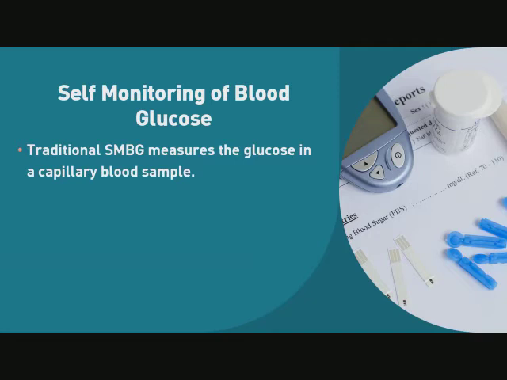Each and everyone with diabetes should have a glucometer at home, the traditional self-monitoring device. This measures the level of glucose from a capillary blood sample, and it's easy to use.